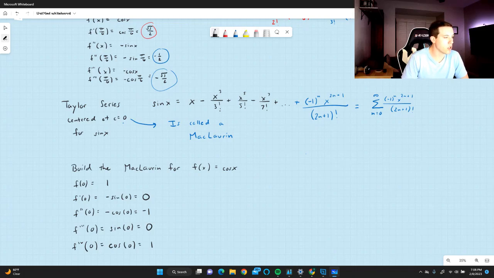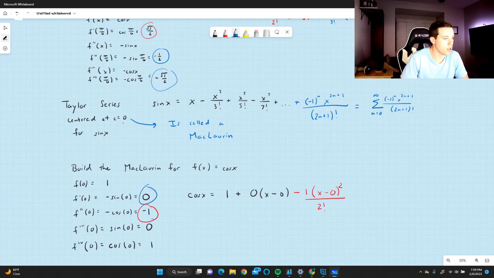So look at these terms as we start to build the series for cosine of x. The first term is 1 plus 0, don't forget 0, times x minus the center, which is 0. Plus, but it's a minus, so minus 1 times x minus the center squared over 2 factorial.